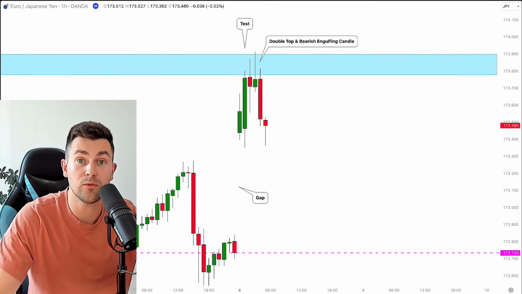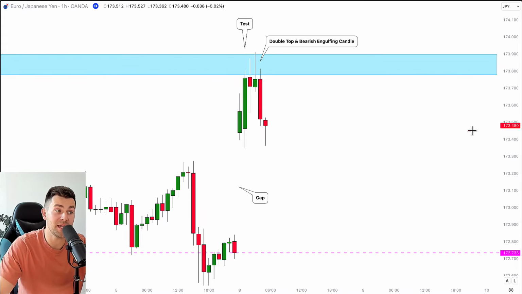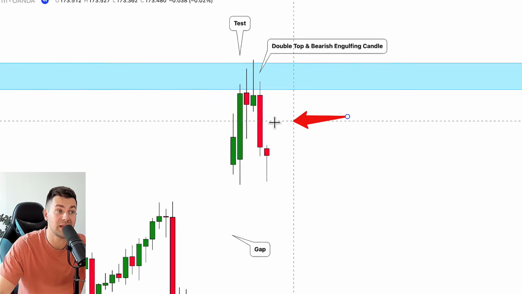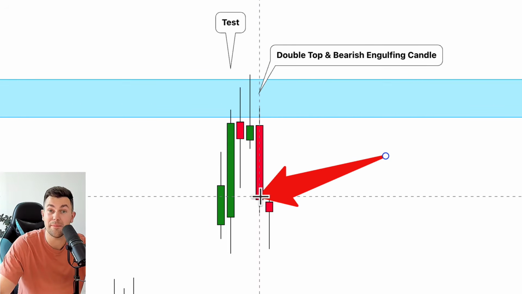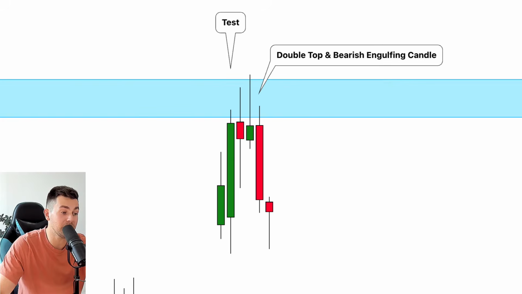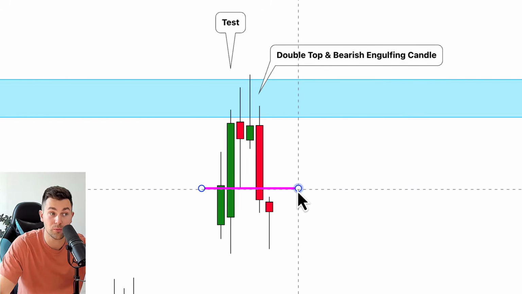The signal that you should look for is a bearish price action or candlestick pattern. In our example, we can see that the price formed a tiny double top pattern, and the price also formed a bearish engulfing candle. A violation of a neckline of this pattern gives us a strong bearish confirmation.